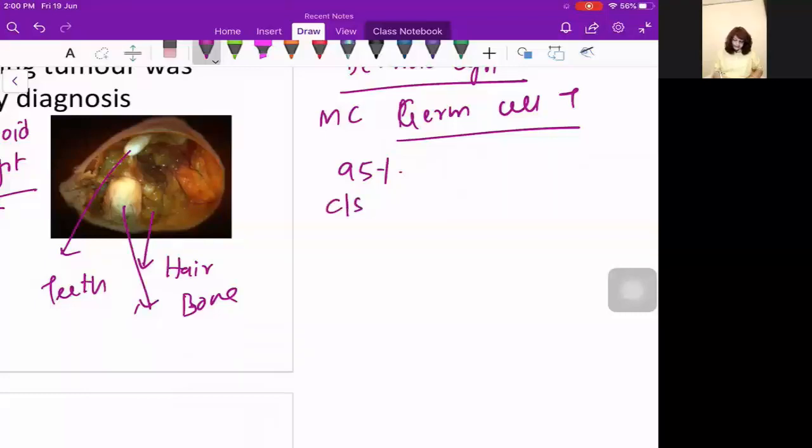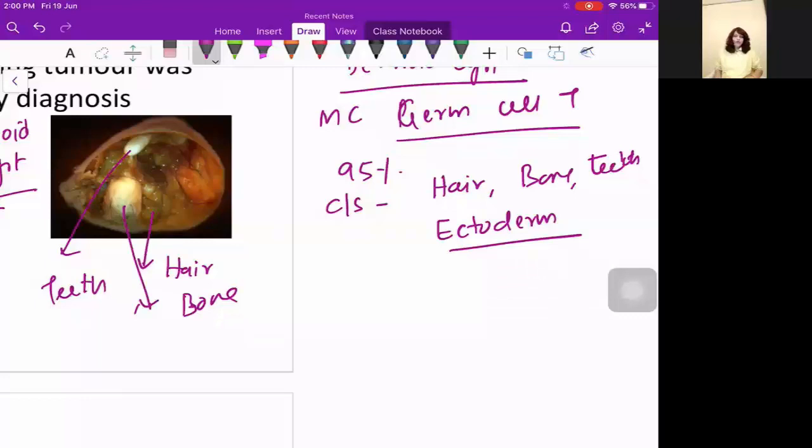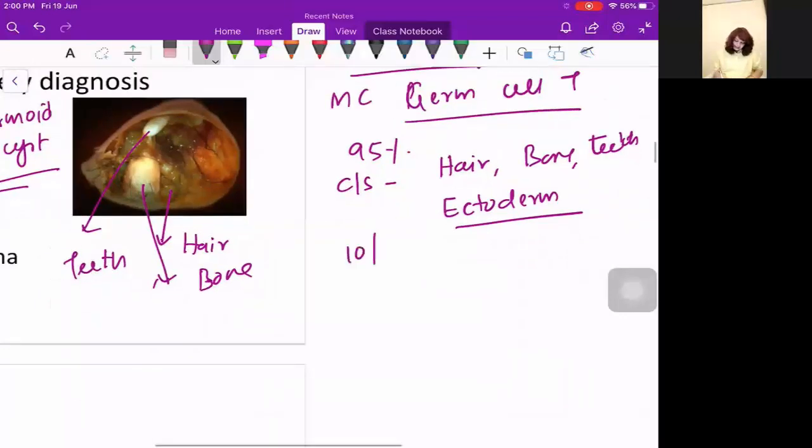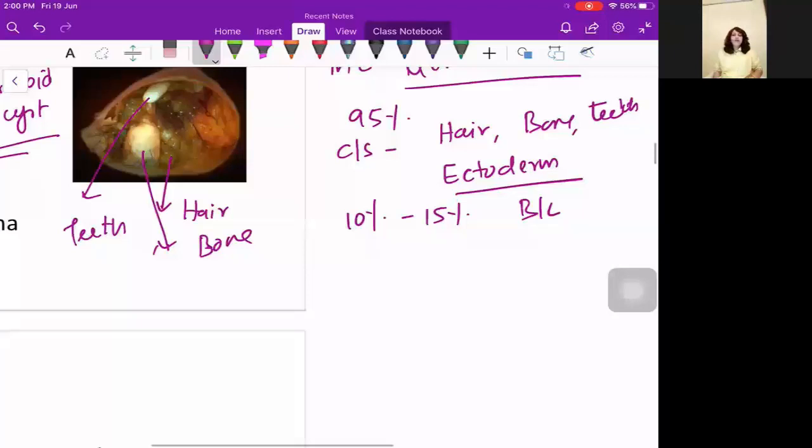On cut section, it contains hair, bone, teeth, sebaceous material, etc. That means it is ectodermal in origin. Now, in only 10 to 15% of cases is dermoid cyst bilateral. So mostly it is a unilateral tumor.